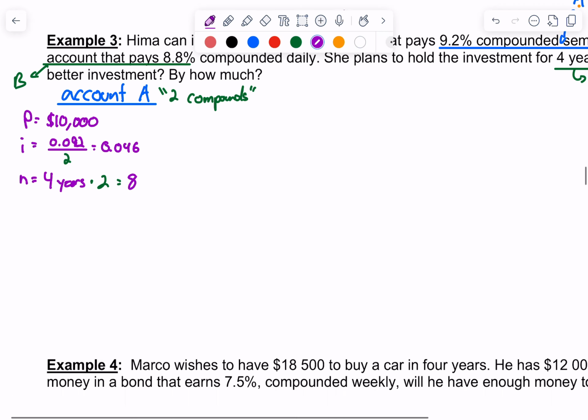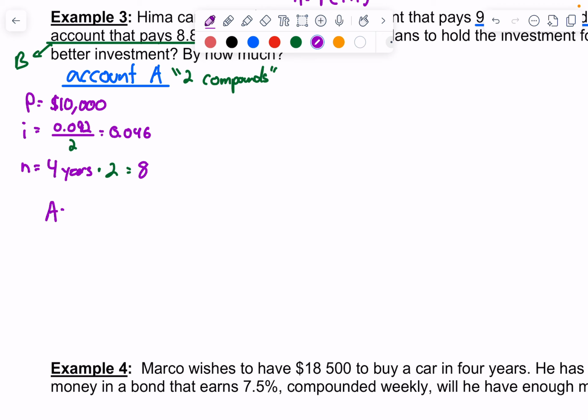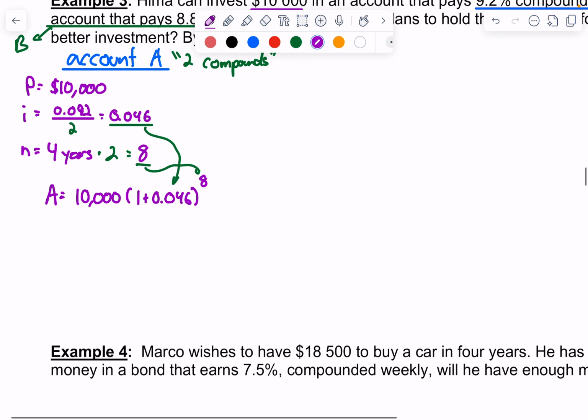So then your A value, your formula, is 10,000 times 1 plus 0.046, because you're putting in your adjusted I value, to the power of 8. You're putting in this value right here, and that goes there.